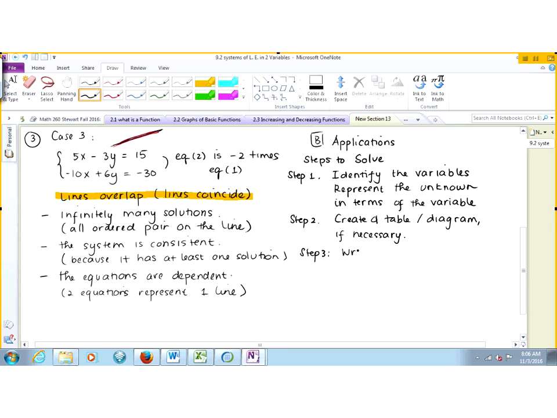Step 3, we write the equations, the system of equations. So step 4, we solve. And then step 5, write a phrase to interpret the result. And then we want to make sure to use the proper unit.